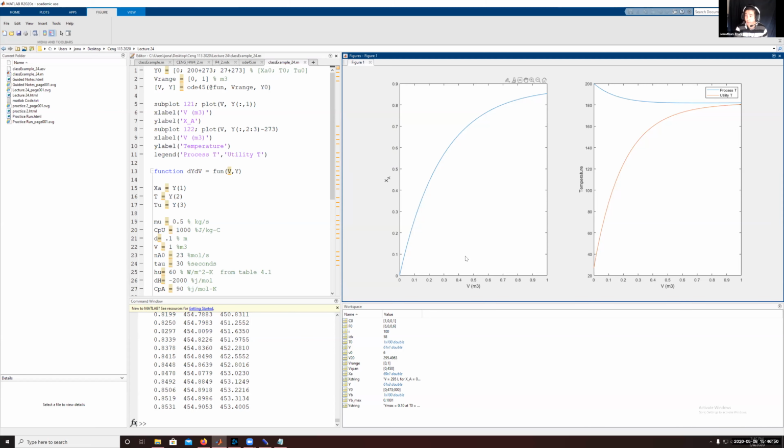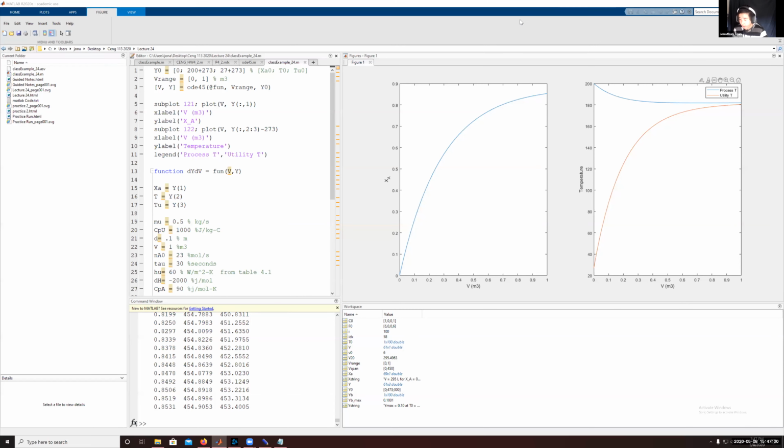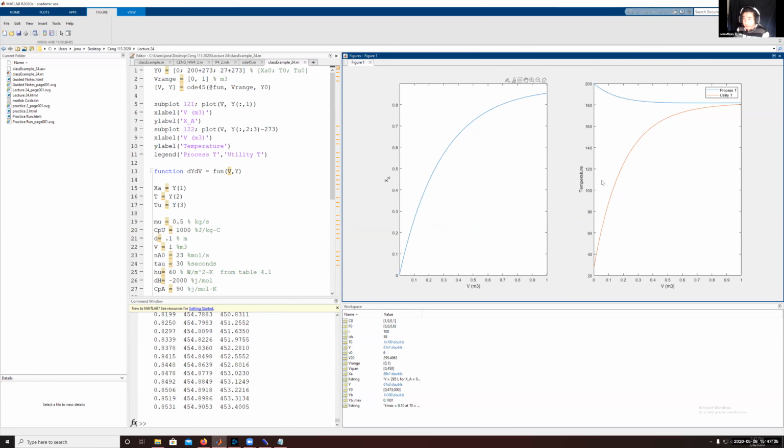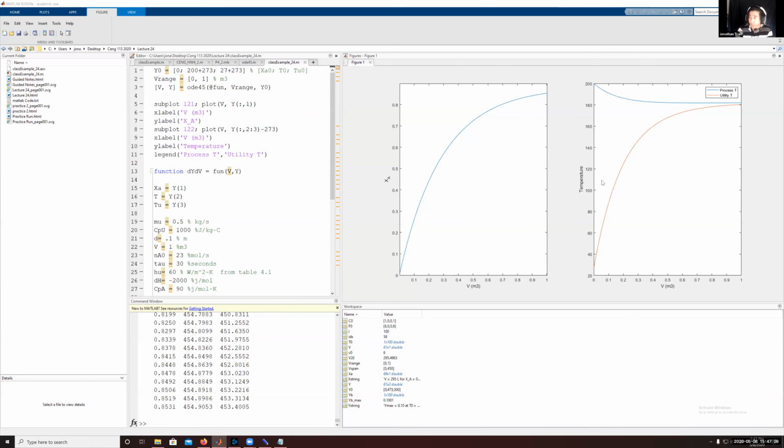What this graph would represent, if that was the case, is that as we go further and further down the length or volume of the PFR, we reach higher and higher conversions. That's what we would expect. As it's running through a longer and longer reactor, the conversion simply goes up and up.